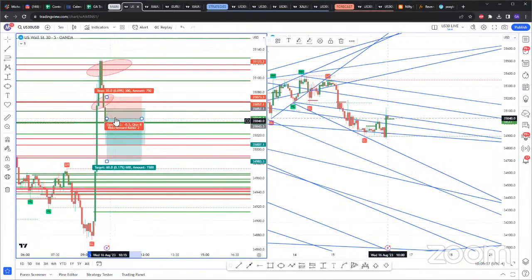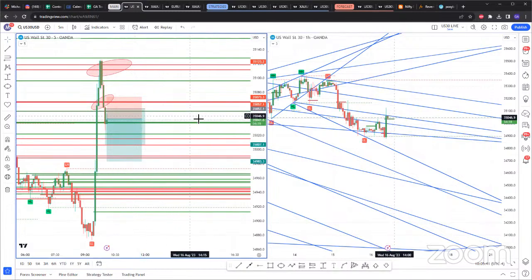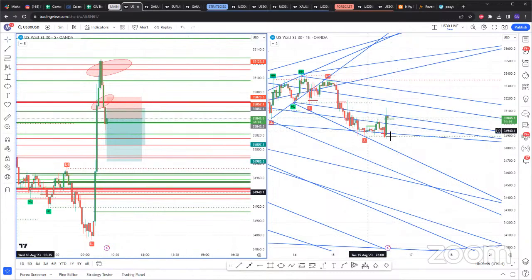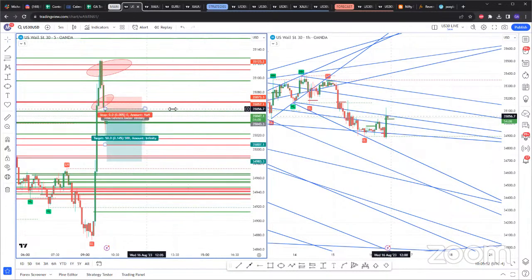So this is just a regular trade. So 0.5% risk with a 1:2 risk to reward. So if this trade hits, up 1%. I'm in that trade right now, 50 pip stop loss, 100 pips take profit.